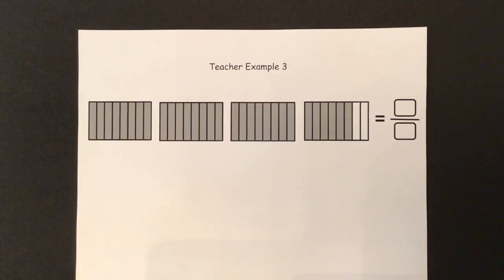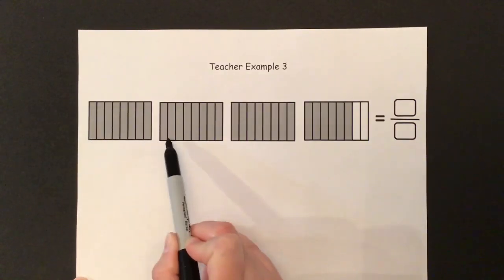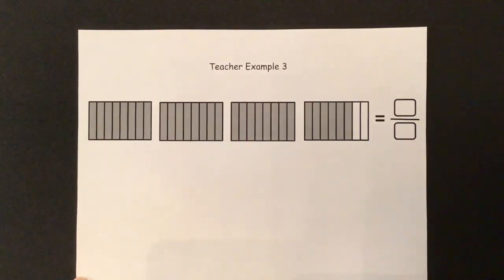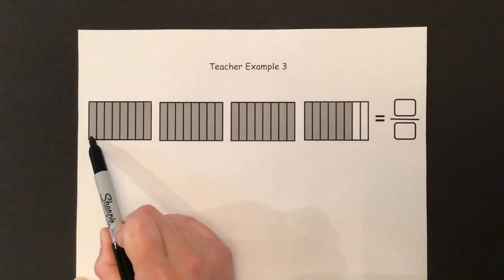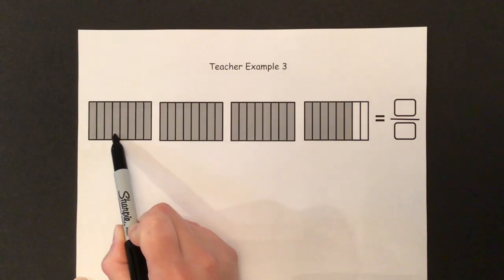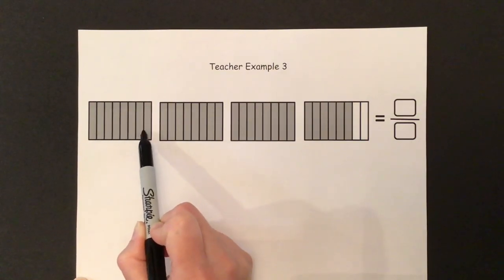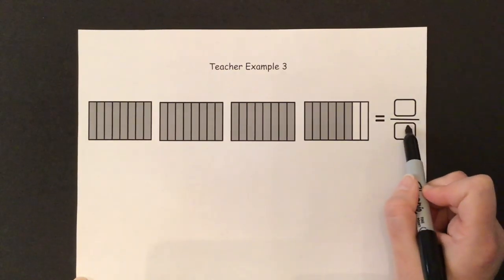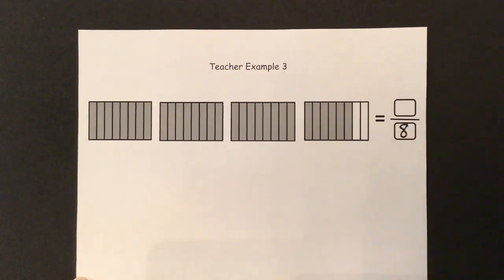And moving on to a third example, I can see that I've got 1, 2, 3, 4 wholes. What do you think the denominator should be? One, 2, 3, 4, 5, 6, 7, 8. If you got 8, you are correct. Each whole is split into 8 pieces.